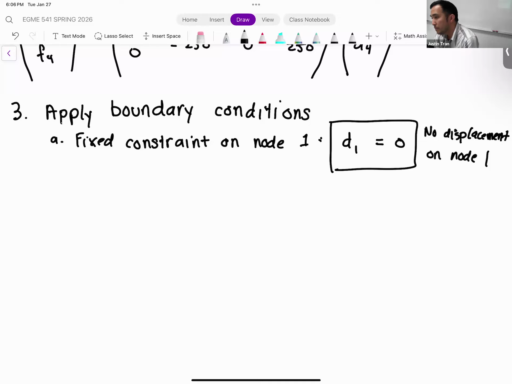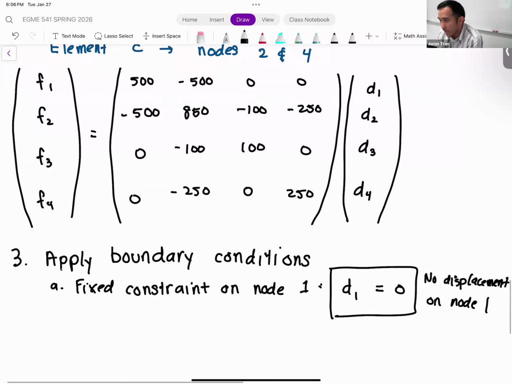For now, we're writing through every single step, but once you start doing more of these, it becomes faster because you can make note early on that this is a fixed boundary condition and write that in already. But for now, I recommend doing every single step just so you see the whole process. Then as you get better, you can apply it right away.